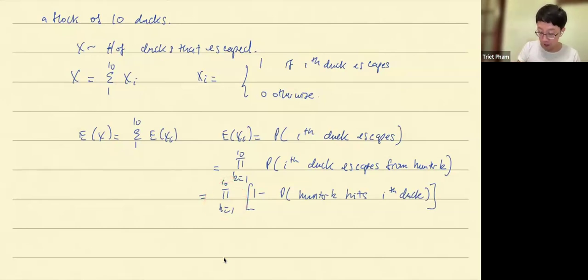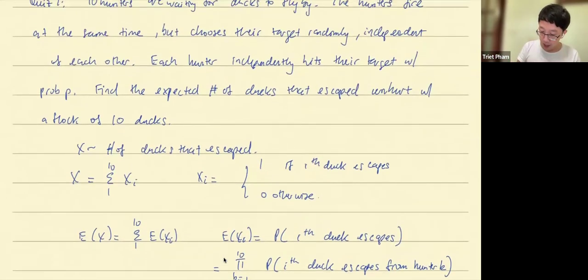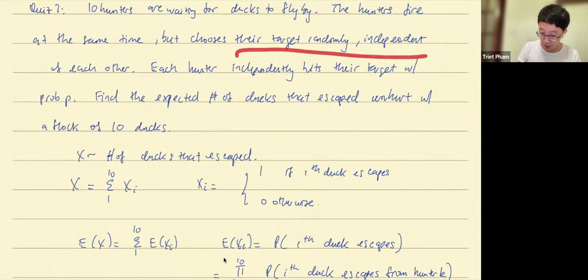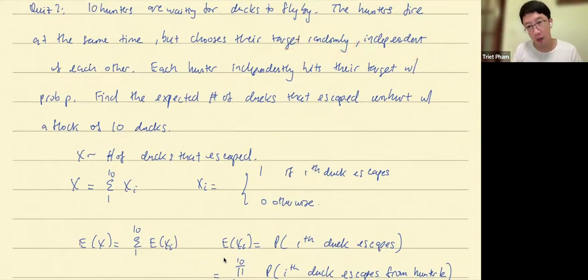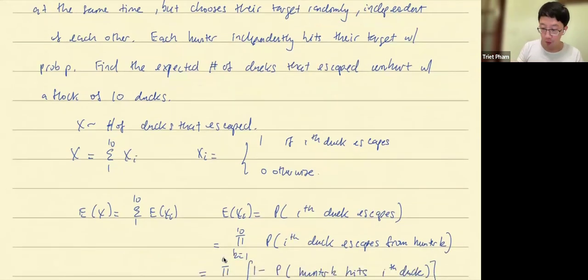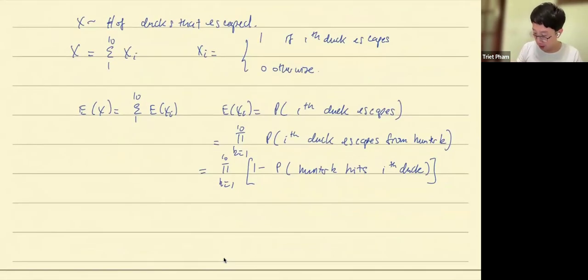The second thing is that hunter K does not just hit the ith duck. He has to choose the ith duck first. And he chooses the target randomly, which is the code word in this textbook for uniformly, meaning that hunter K would choose the ith duck with probability 1/10.